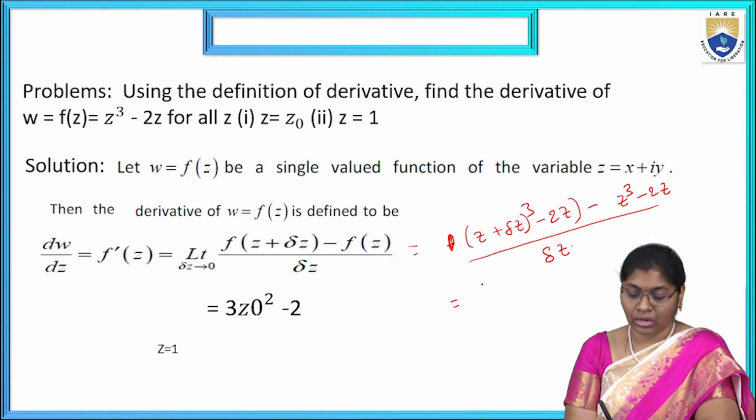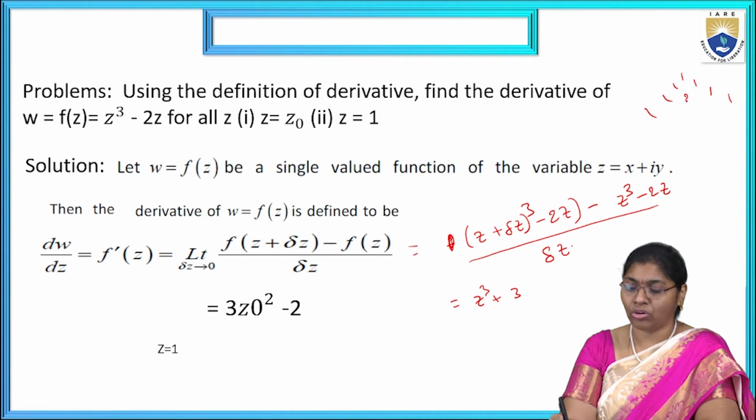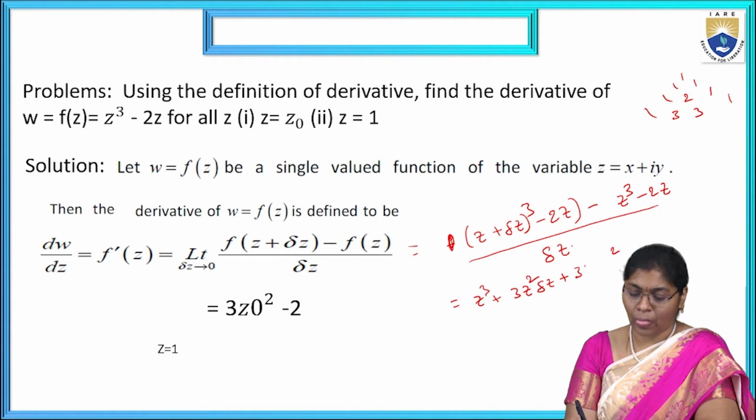Here in total it is Z cube plus 3Z square, by applying the Pascal formula, 1 3 3 1. That means 3Z square delta Z plus 3Z delta Z square plus delta Z cube, minus 2Z minus 2 delta Z, minus Z cube plus 2Z, by delta Z. Now Z cube cancels.